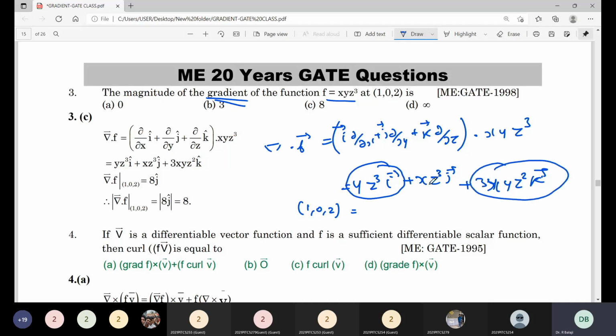Only the term xz cubed j vector survives. That means 1 into 2 cubed into j vector, which is 8j. So del f is equal to 8j vector. The modulus of del f is the modulus of 8j, which is 8. So the magnitude of the gradient is 8. So option C is the correct answer.